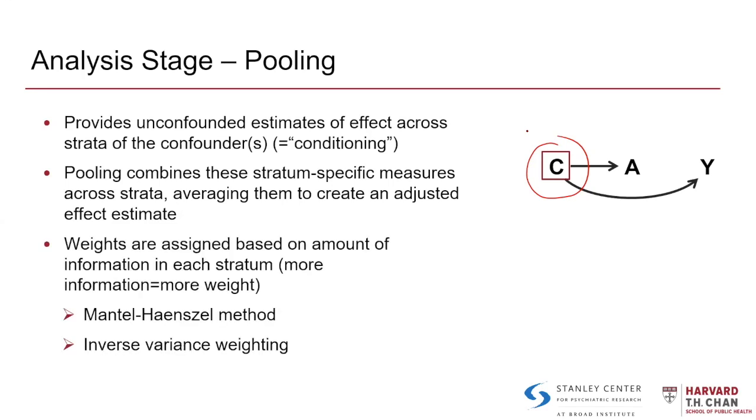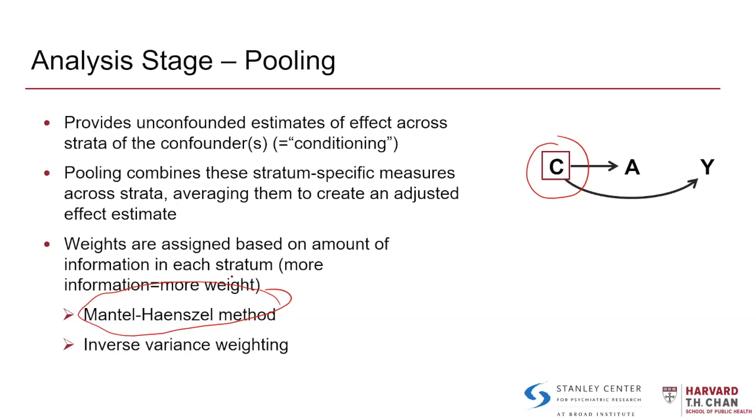So we try to come up with weights that are assigned to the information. We have different tools that we use to assign weights. One of the most common is the Mantel-Haenszel method, named after Mantel and Haenszel, for assigning weights. And there is also inverse variance weighting, which we're not going to talk about in this case.